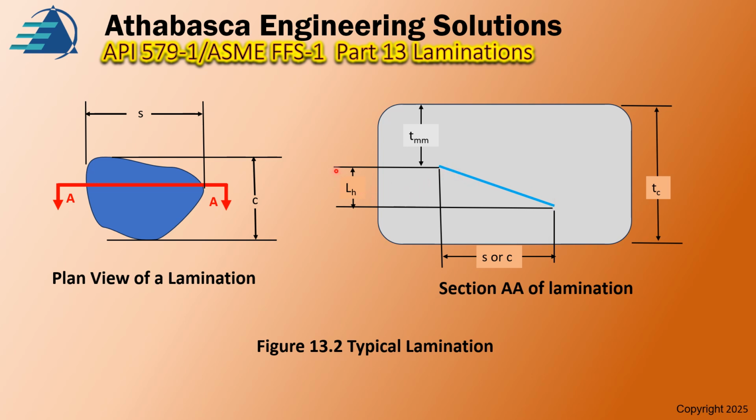But if we have some height to that, then this is what we're worried about. So we're going to get the inspection report where you've gathered this TM, which is the minimum height to the top, and then we've got the thickness, and then we've got our S and C values, and then we're going to put those together.